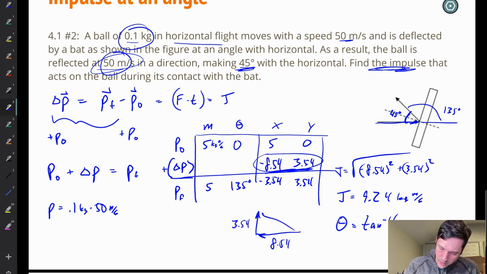I would like to know this angle at the moment. Inverse tan of 3.54 divided by 8.54 gives me an angle of 22.5 degrees.